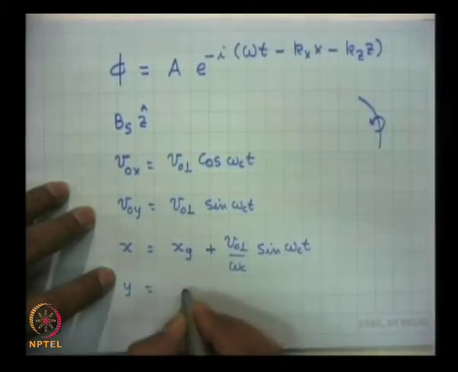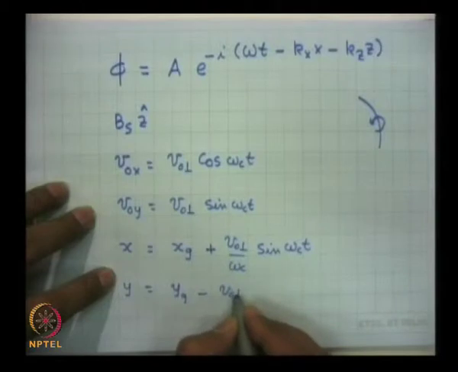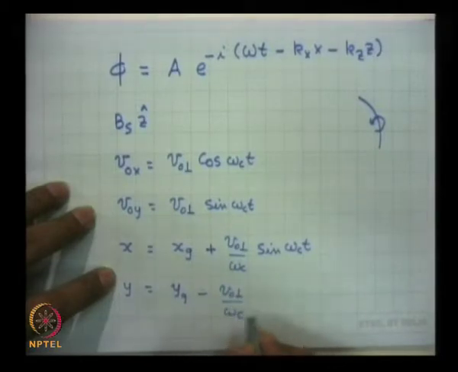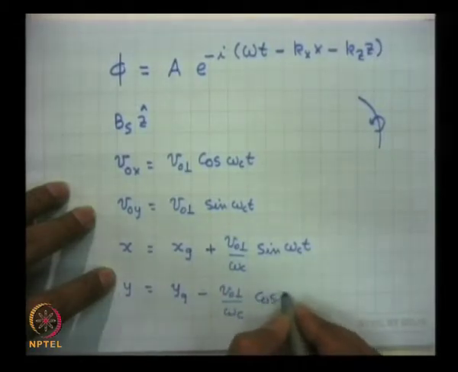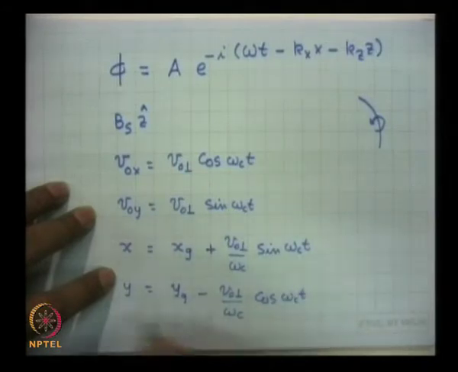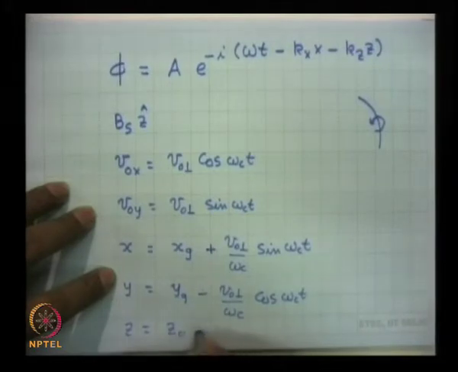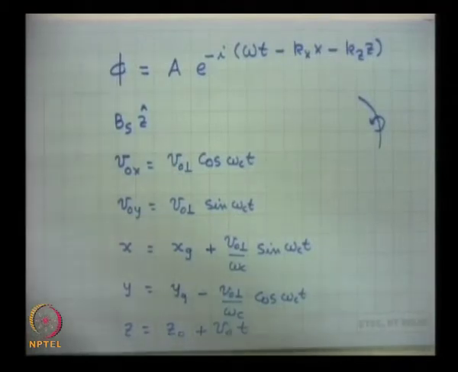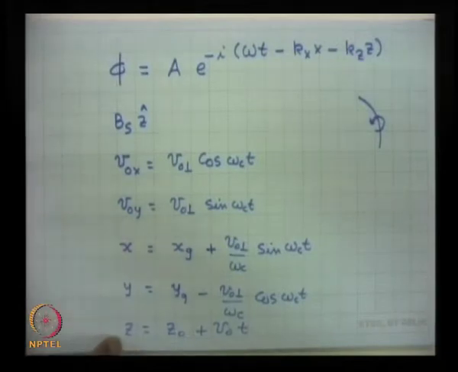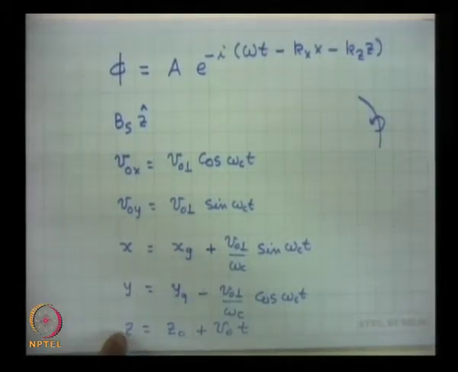Y was yg minus v0 perp upon omega c cos omega c t, and z was equal to some constant plus v0 into t. So, this is a representation of particle trajectories, particle coordinates when there was no wave.